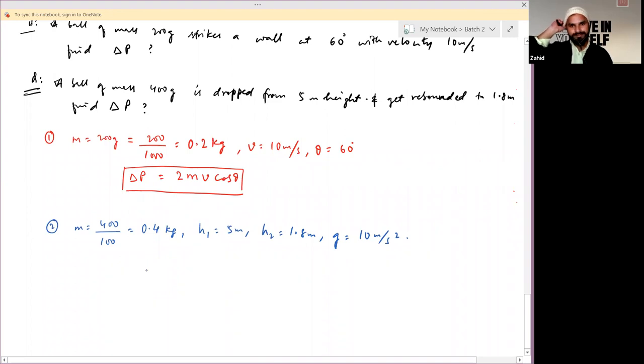Good, Safan. Using these values, change in momentum is mass times height of rebounding, height of approaching. Good, Samara.